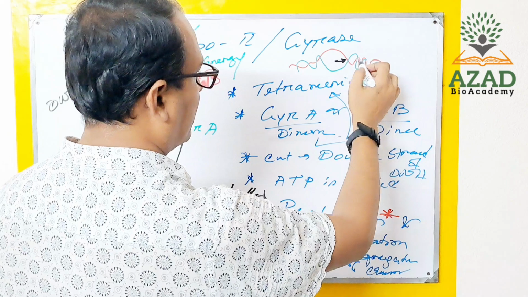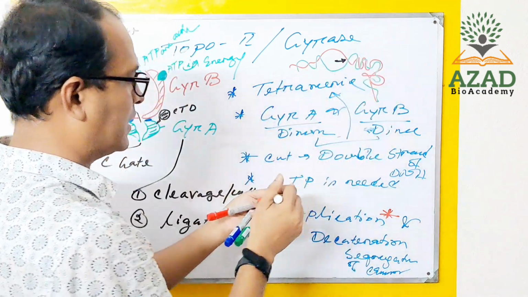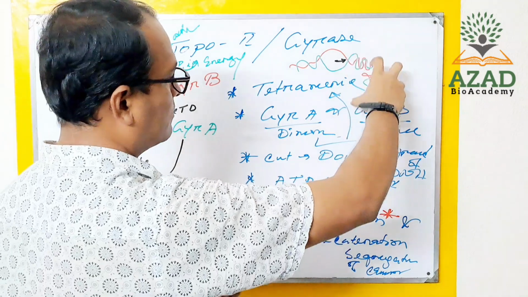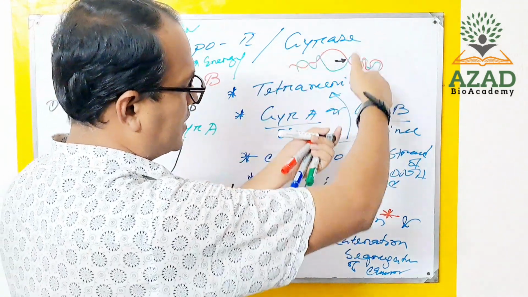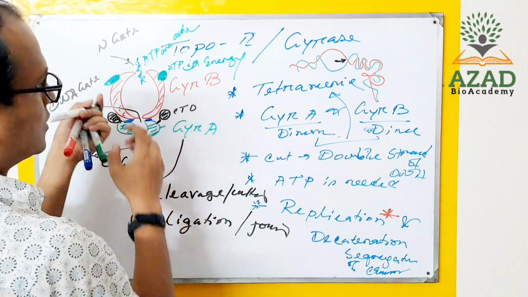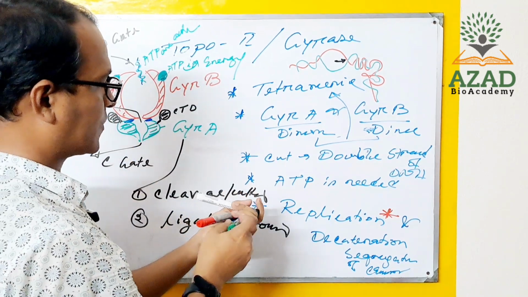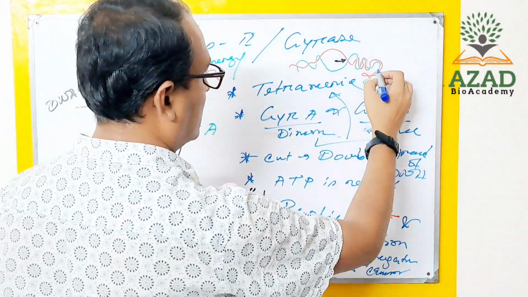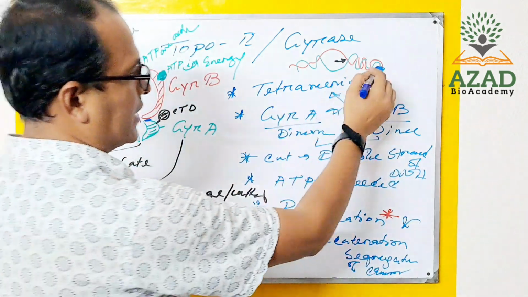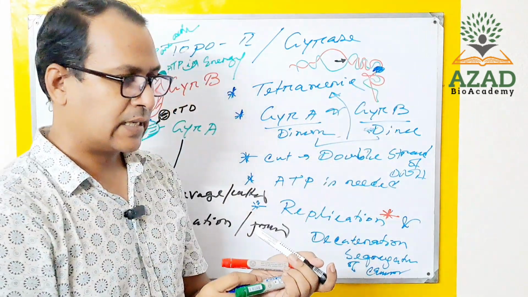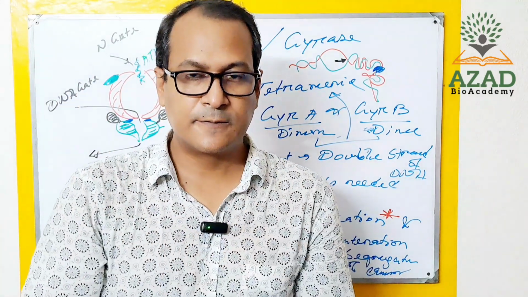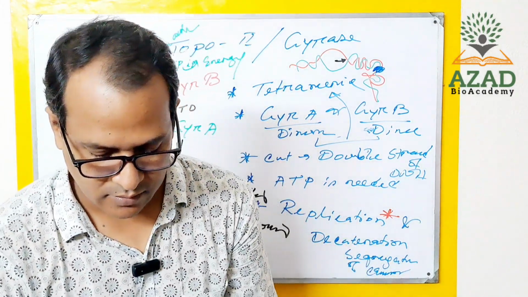Very simple supercoiling will be solved by topoisomerase 1, but when more tangles and more twisting form, then what will happen? It will be solved by topoisomerase 2. Suppose this is here, it will bind with topoisomerase 2 and it will cut that part. That means both strands will be cut. I will show you with my hand.